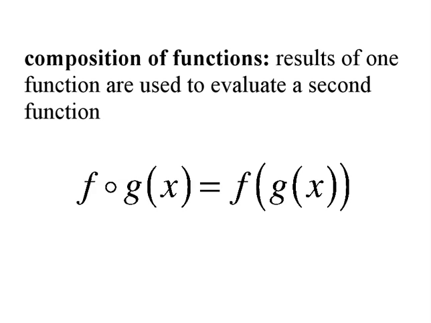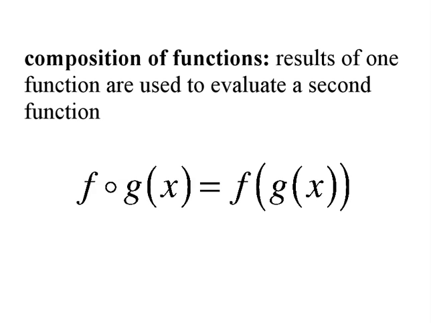So what we use is that open circle. That's just an open circle. So you do f with that open circle, g of x. And what that means is f of g of x.